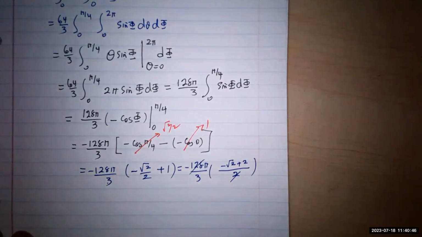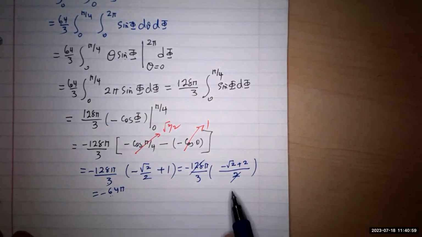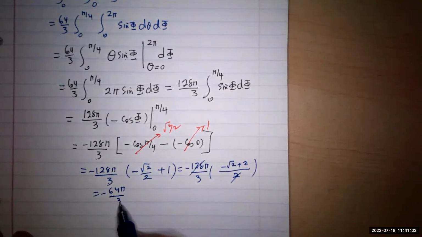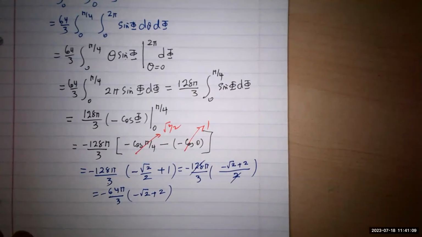So that will give you 64 pi over 3 times negative radical 2 plus 2.